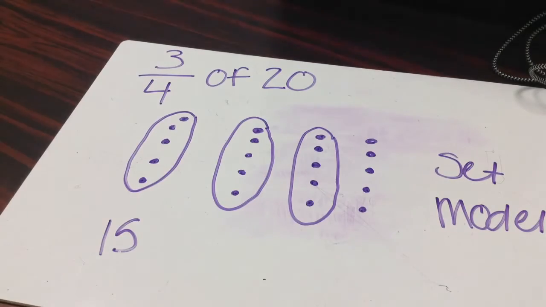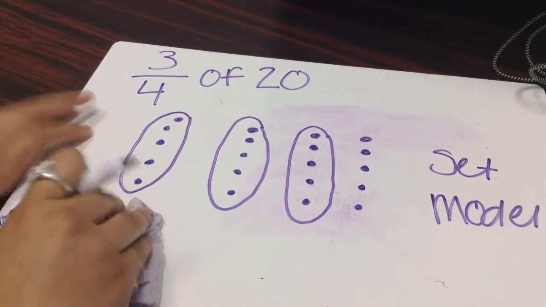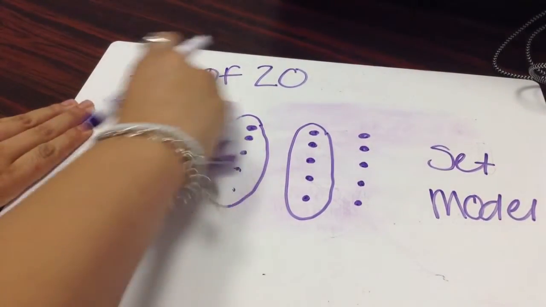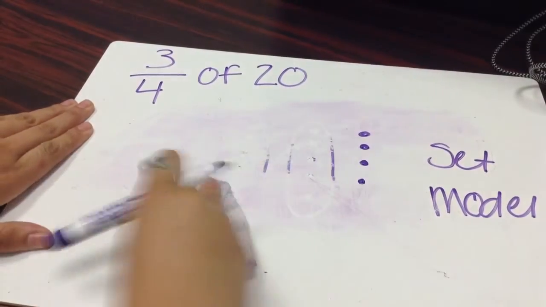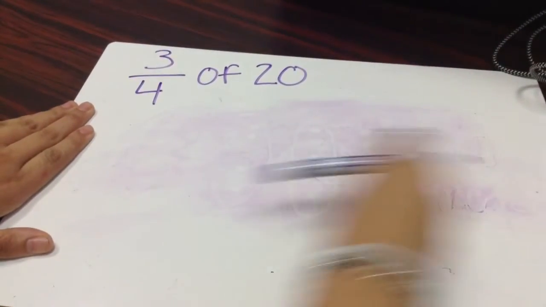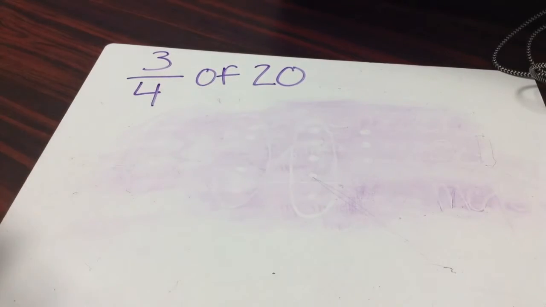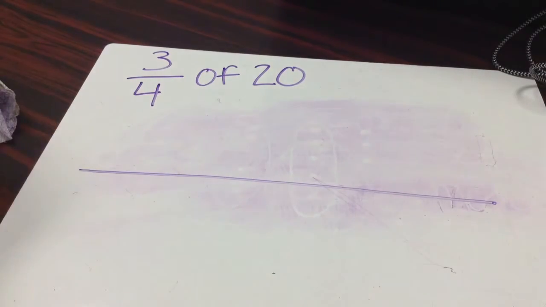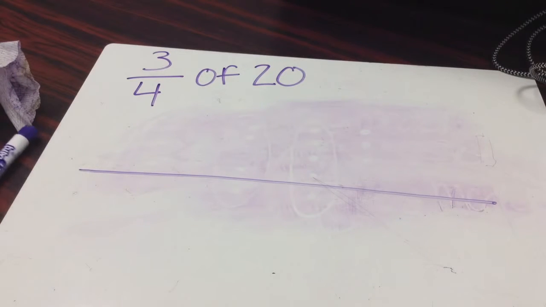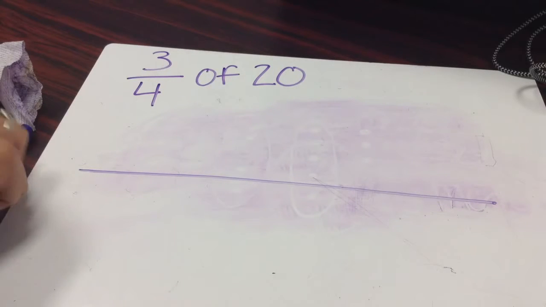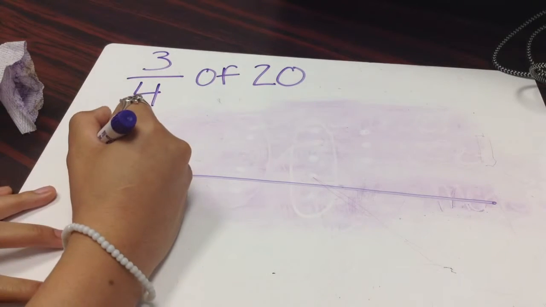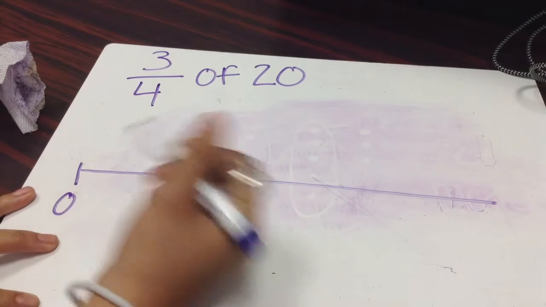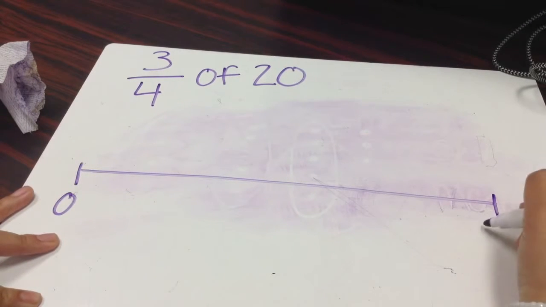And so now there's going to be another way to find our actual answer, and that's going to be our linear model. So I'm going to draw my number line. So I'm going to take this off. It's making so much noise. Okay. So our linear model, I'm going to start with 0 at the beginning and 20 at the end.